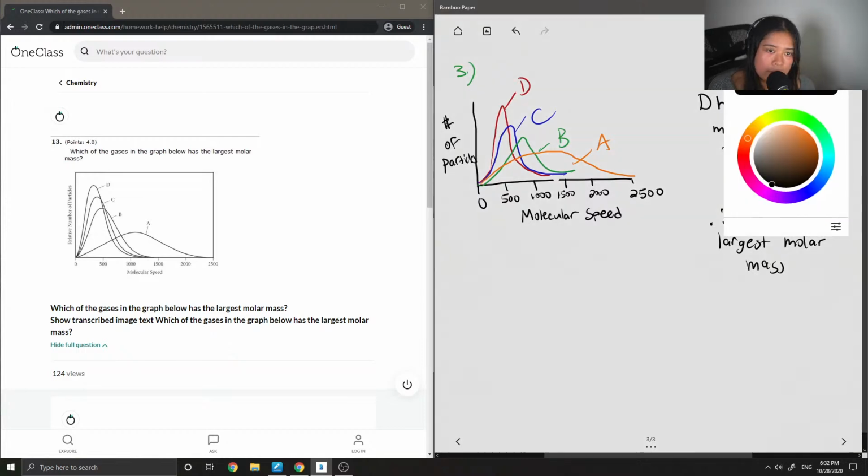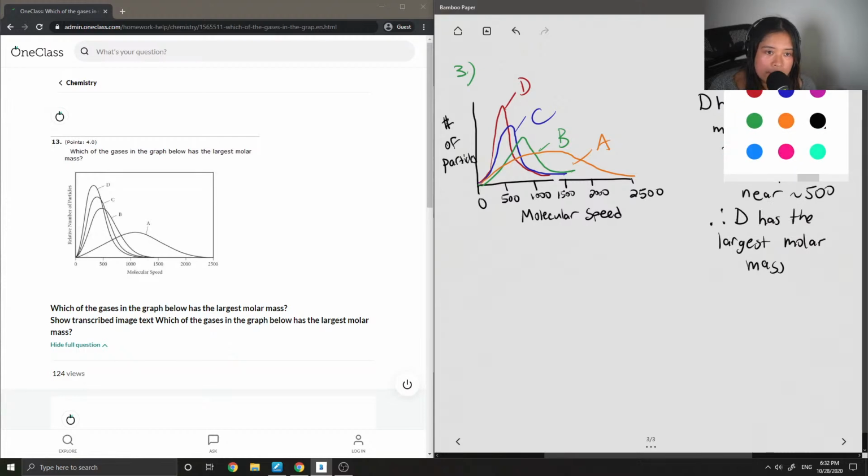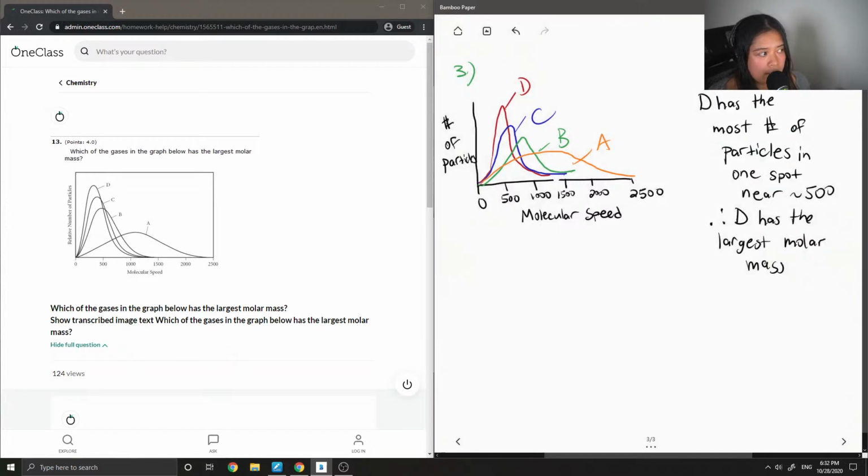And let's say we weren't given this graph and we were only given the molecular masses and we had to estimate which one would be the slowest and the fastest. We can also remember that the molar mass is inversely proportional to the speed, which makes sense.